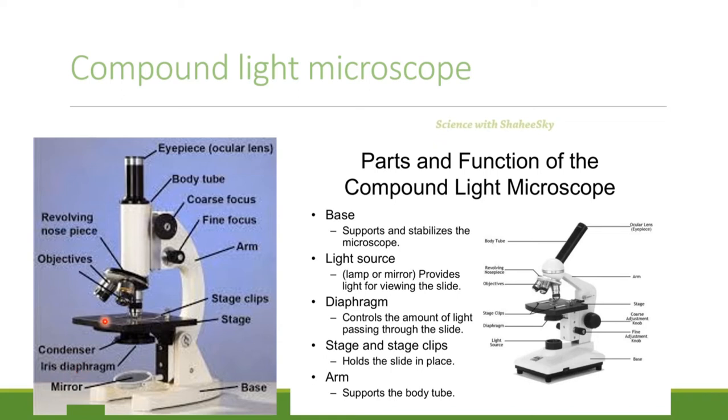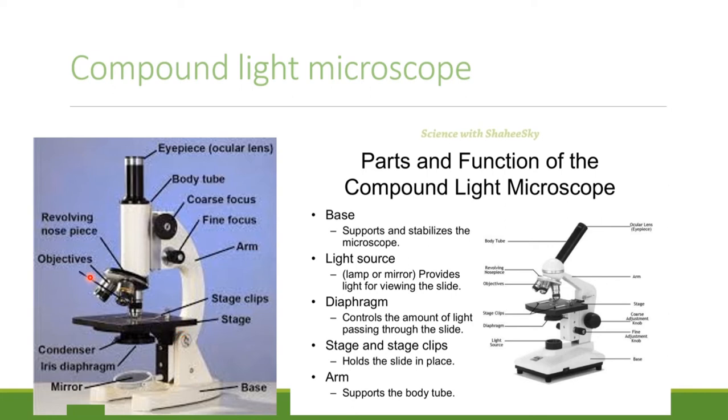Stage and stage clips: the stage is the place where the sample specimens are held while we are working, and the stage clips are used to hold the sample specimens without moving. Arms are useful when carrying the microscope.